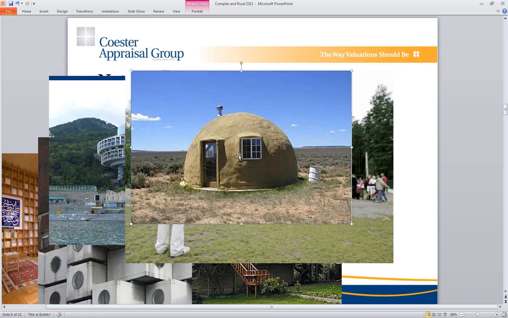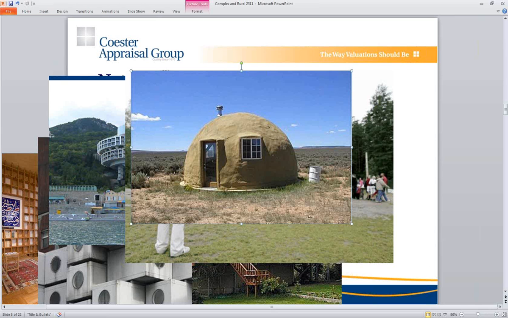The idea with these pictures is kind of humorous, but at the same time, in all sincerity, these go outside of your typical home. So what are you going to do? Obviously, there's a report that has to be done. Obviously, there's a property that has to be appraised, and they're going to have to be financing somewhere.